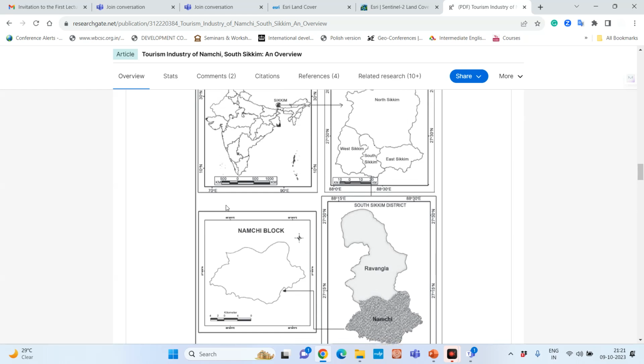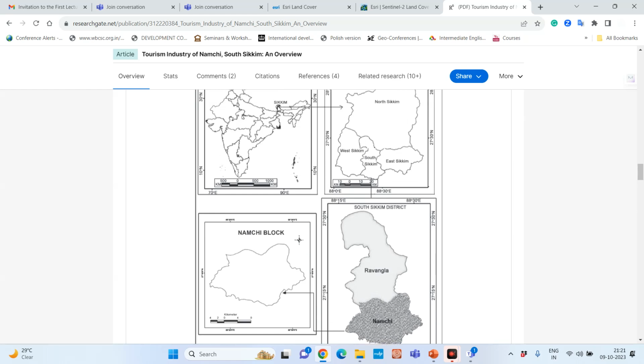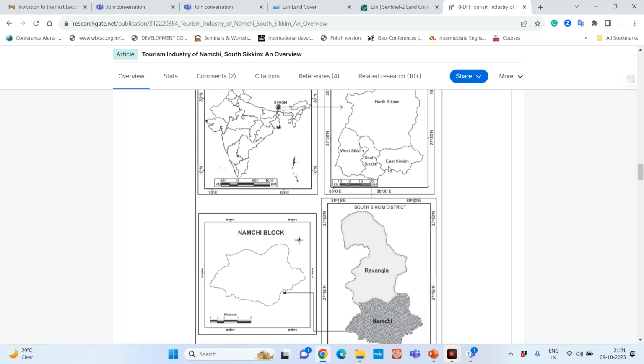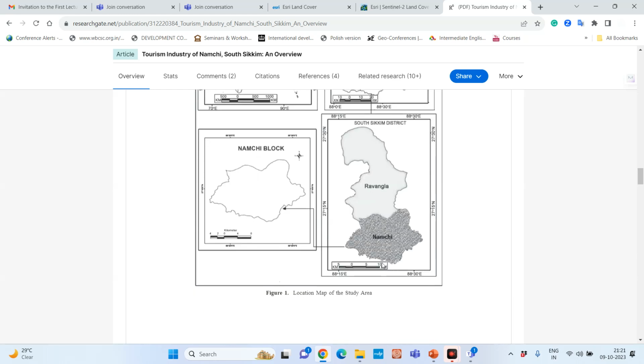Most of you from Poland may not know it, but you know this is India. Sikkim is located here in the northeastern part, and my study area is in the southern part of Sikkim. South Sikkim is divided into two parts, Namchi and Ravangla, and Namchi is our study area.